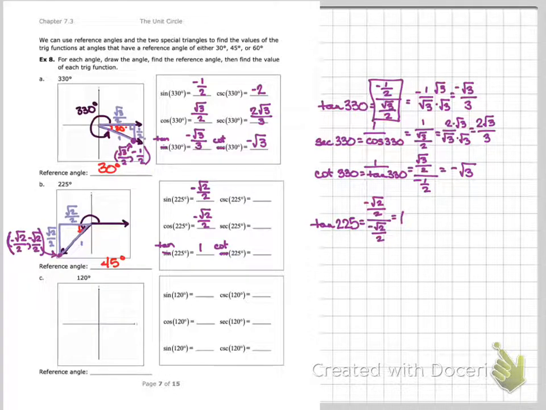Okay, so let's take a look at our reciprocal functions. Cosecant is 1 over the sine: one over negative square root of 2 over 2. We're taking that reciprocal. You guys, I make these notes repetitive.